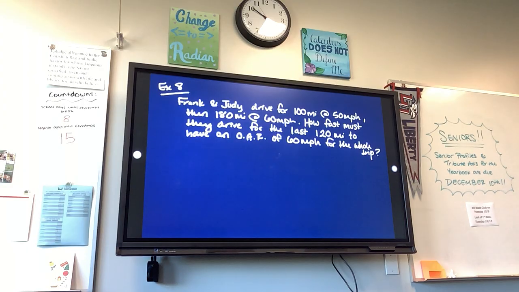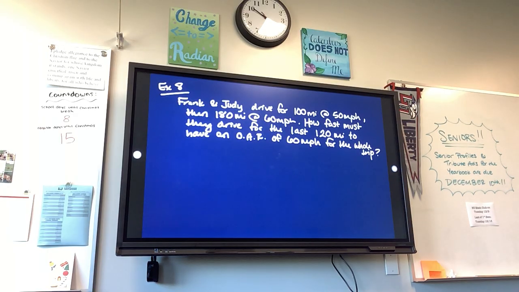So Frank and Judy apparently have a time frame that they need to be arriving at their destination, because they apparently figured out that in order to get there on time, they need to be averaging about 60 miles per hour overall. And with their first two legs of the trip, what is their current overall average?